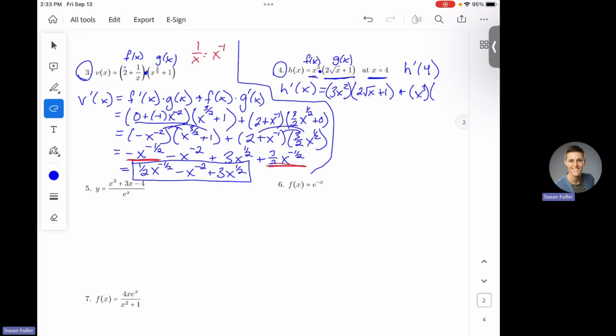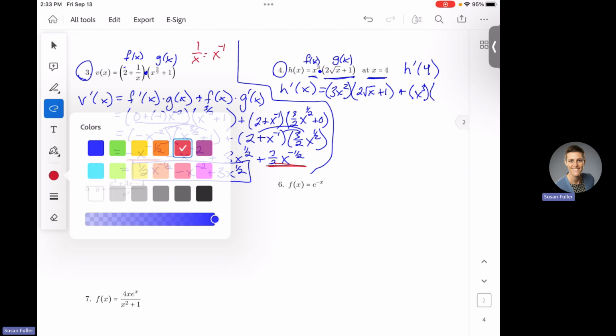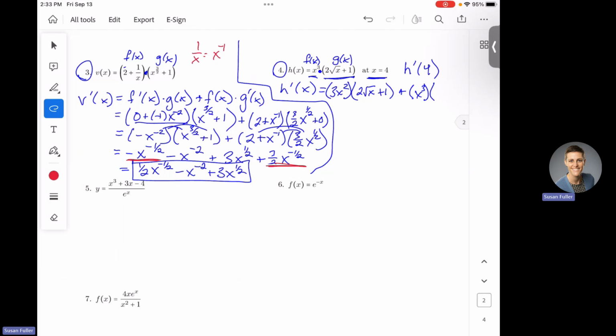Okay, so to take the derivative of 2 times the square root of x, I don't have a rule for the square root of x. So we have to use algebra to rewrite 2 times the square root of x as 2 times x to a power.